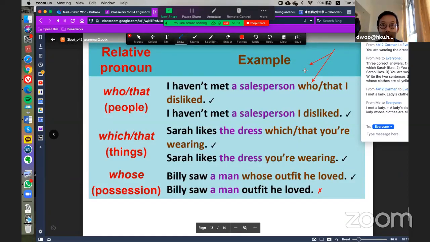At the same time, you can omit who and that. Here you have which and that. And here you can omit who, which, and that. Here you have whose, but you can't omit whose. You must include whose.